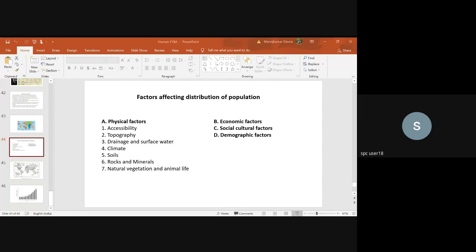So over the period of time, cities have their administrative limits, but they tend to fade away as far as population continuity is concerned. That's another important thing that we have to understand as far as population distribution is concerned.